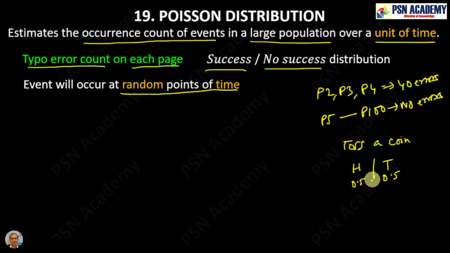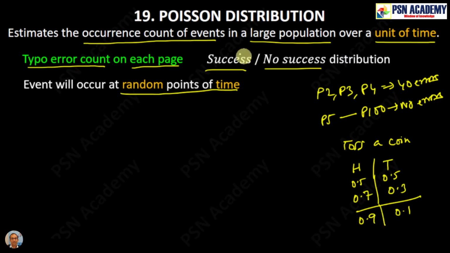And if it is unfair, then it may happen like that, 0.7 and 0.3. Can a coin, in real world, have 0.9 as head and 0.1 as tail? It is too much biased, and performing an experiment which is so highly biased will not do good to your experiment outputs, right?